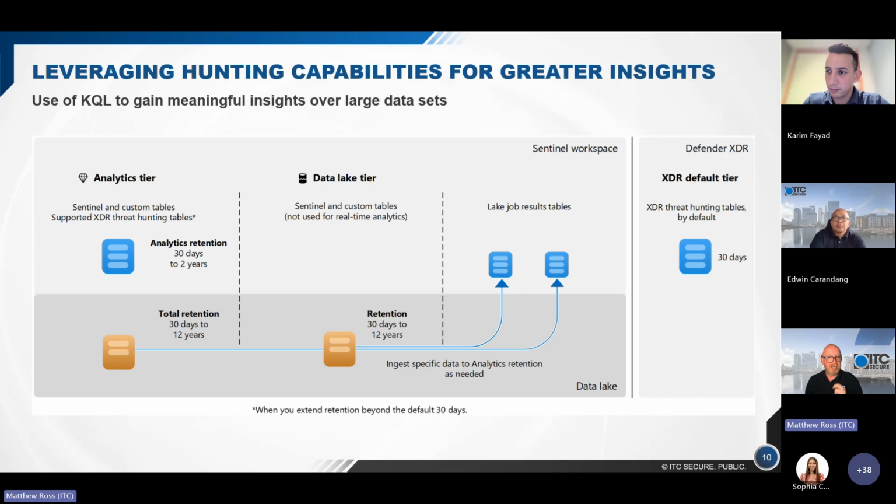And just to be clear around accessing between analytic tier and data lake tier tables, if you're running KQL queries on the analytic tier, you'll do that in the hunting section within the XDR portal. And if you're performing queries on the data lake tier, you'll be doing that in the data lake exploration section within the XDR portal.